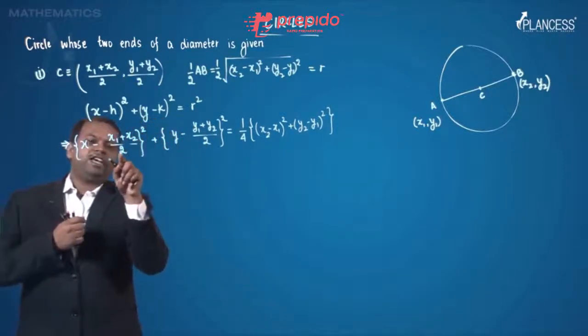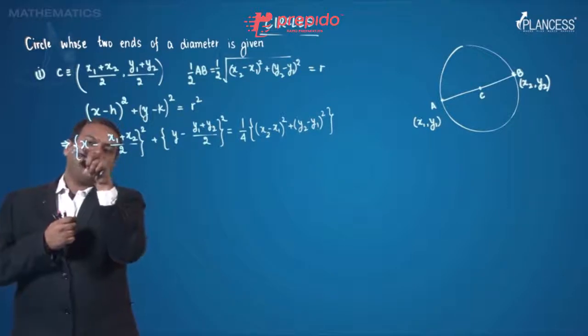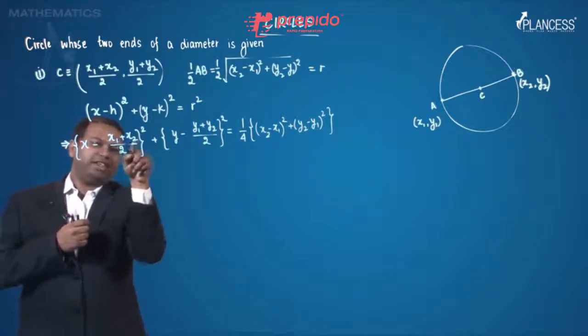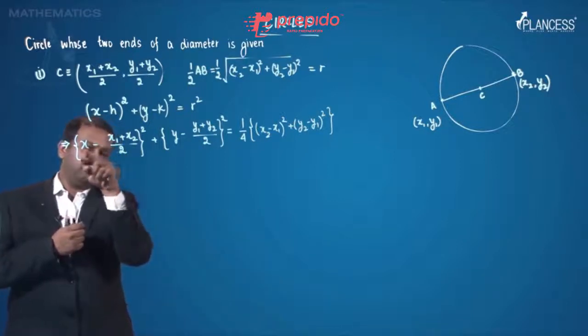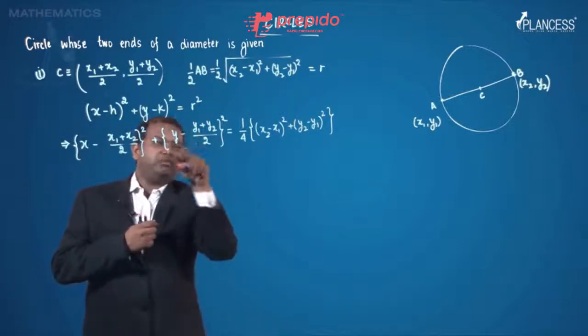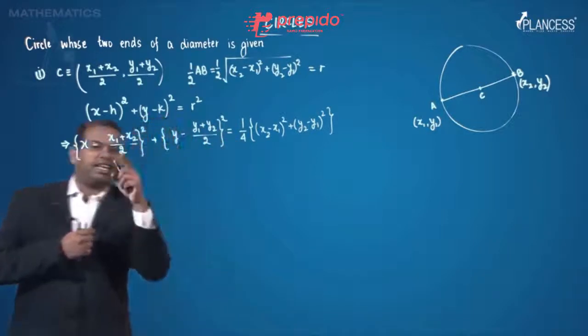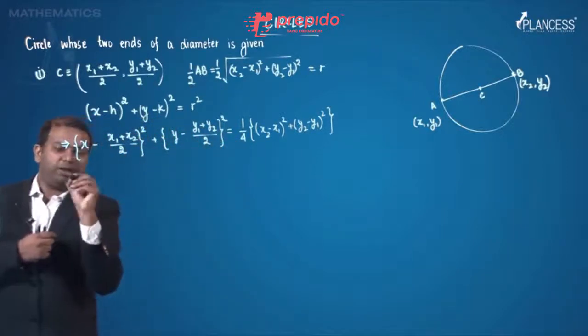Now if we take the LCM here, what we will have is 2x minus x1 minus x2, and we can take the denominator out, so we will have 1 by 4 outside. The same thing will happen here. So we can easily cancel out 1 by 4 from everywhere.